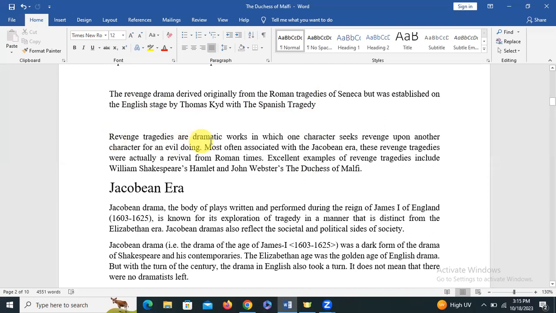Revenge tragedies are dramatic works in which one character seeks revenge upon another character for an evil doing. Most often associated with the Jacobean era, these revenge tragedies were actually a revival from Roman times. Excellent examples include William Shakespeare's Hamlet and John Webster's The Duchess of Malfi.